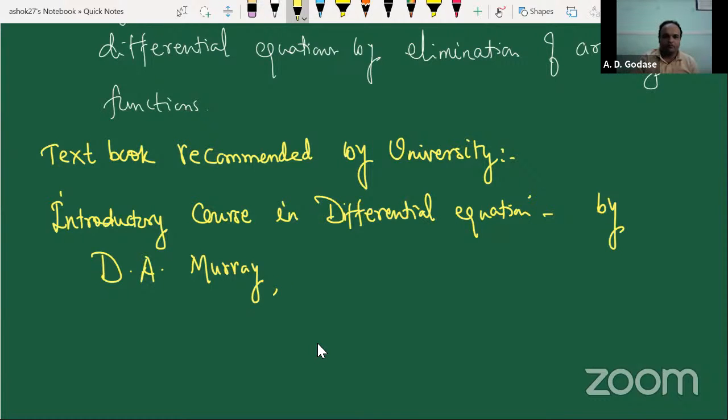So the author, and its publication is Khosla Publishing House, New Delhi.